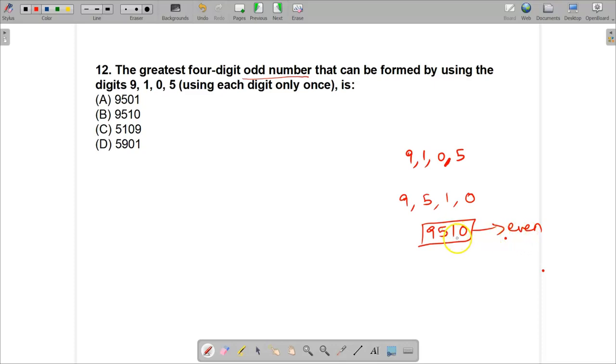Let me interchange the ones position and tens position values, keeping 9 and 5 as they are. Now it is 0, 1. Since the ones position has 1, it is an odd number. So the greatest 4-digit odd number here is 9501. So option A is correct.